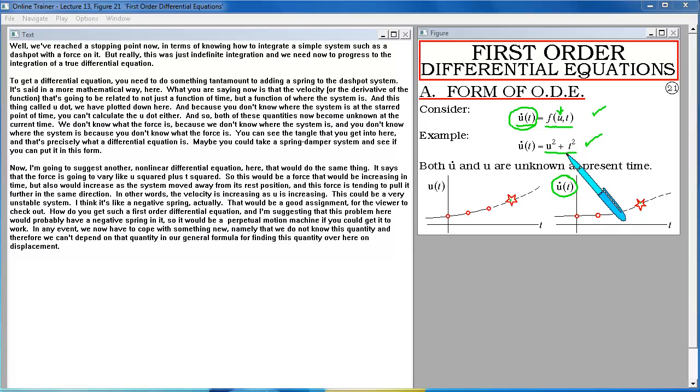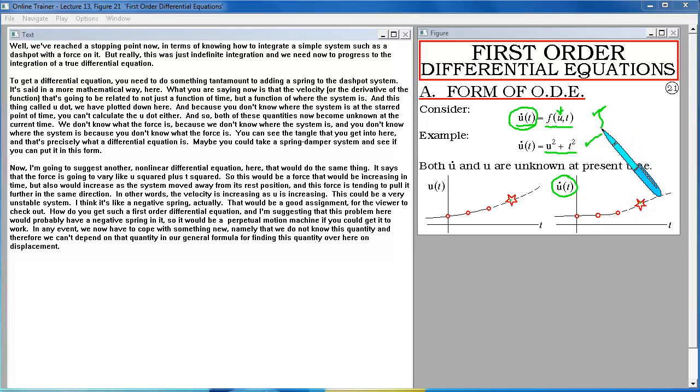So this would be a force that would be increasing in time, but also would increase as the system moved away from its rest position. And this force is tending to pull it further in the same direction, in other words, the velocity is increasing as u is increasing. This could be a very unstable system here. I think it's like a negative spring, actually. That would be a good assignment for the viewer to check out.